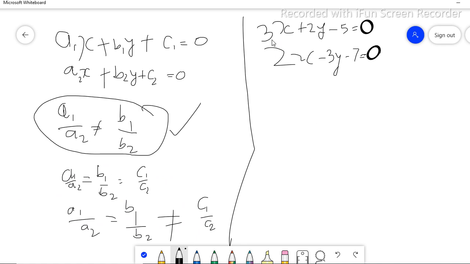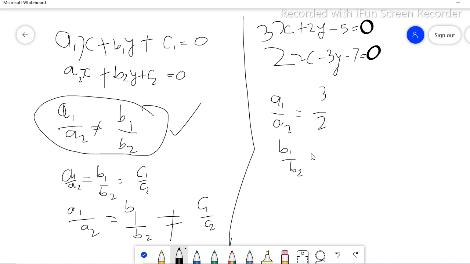So here A1 is 3, B1 is 2, C1 is -5, A2 is 2, B2 is -3, C2 is -7. So A1 by A2 को भ्यालु क्याल्कुलेट गर. A1 by A2 equals to 3 divided by 2, 3 by 2 आयो. अब B1 by B2 क्याल्कुलेट गर.